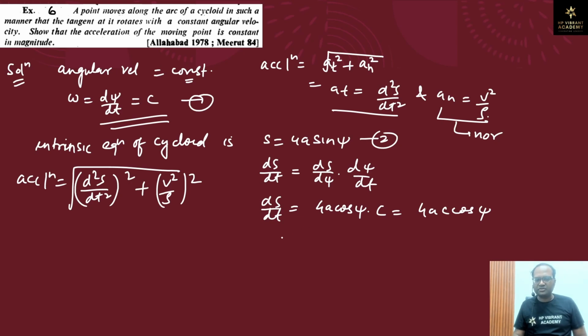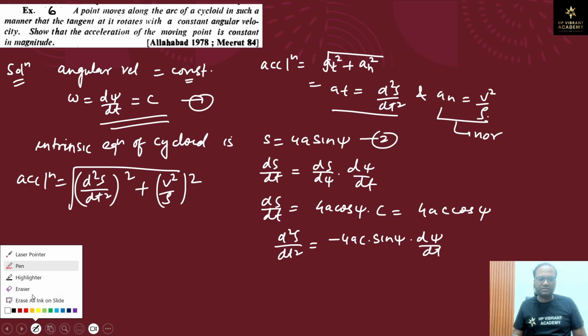Let us differentiate once more. The d2s upon dt square is equal to minus 4ac into cos psi differentiated, which gives minus sin psi, into d psi upon dt, and d psi upon dt is c.